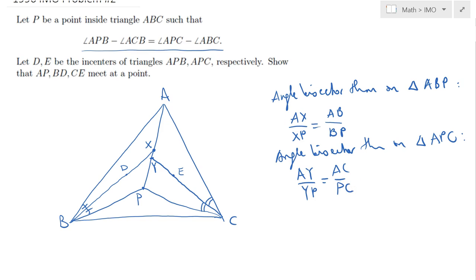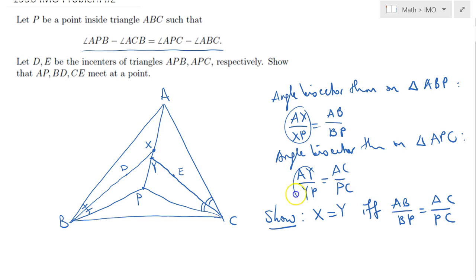So combining these two results, what we need to show is that X and Y are the same point if and only if AB over BP is equal to AC over PC, basically.